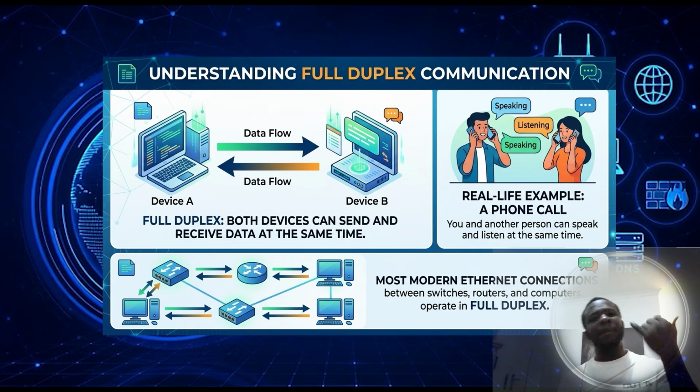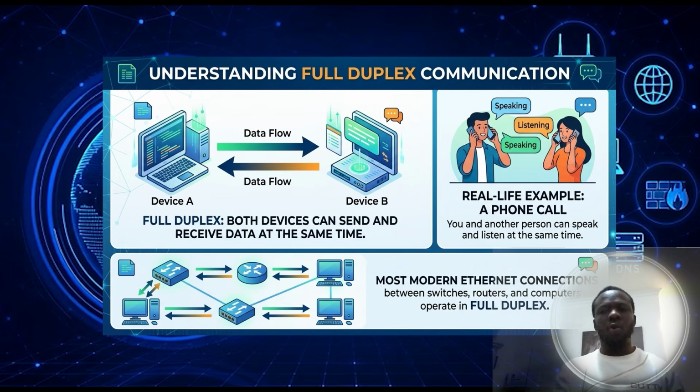You can talk, you can make an argument, the data can cross at the same time, and you're still going to understand each other. Both devices can send and receive data at the same time. That is what they call full duplex. Simplex is one-way communication. Half duplex is two-way, but one has to listen and reply to the other. But with full duplex, the communication can happen in both ways at the same time.